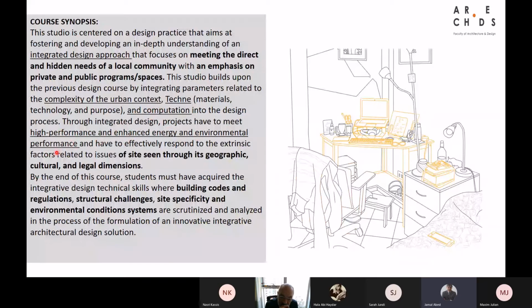It looks into the forces on-site seen through its geography, culture, and legal dimensions. Accordingly, students should acquire integrative design technical skills, where building codes and regulations, structural challenges, site specificity, and environmental condition systems are scrutinized and analyzed in the formulation of innovative designs.